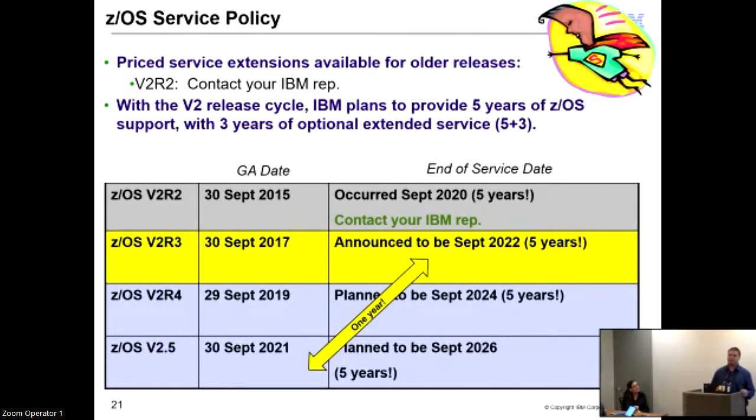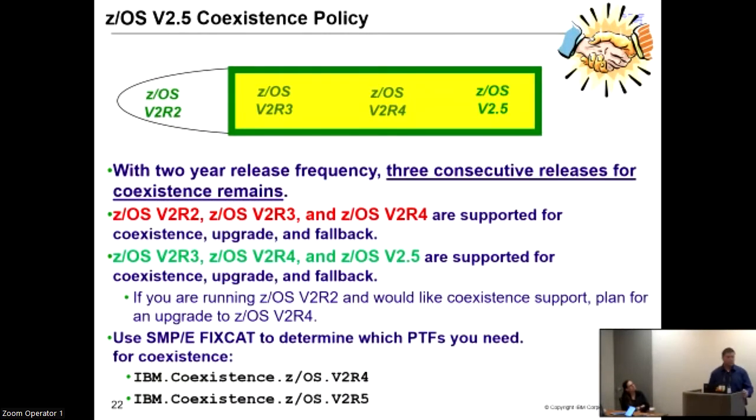Okay, service policy here, we have no changes from what we've done in the past. With a 2-year release cycle, IBM has 5 years of z/OS support with 3 years of extended support. Coexistence policy, again, same as normal, it's N-2.